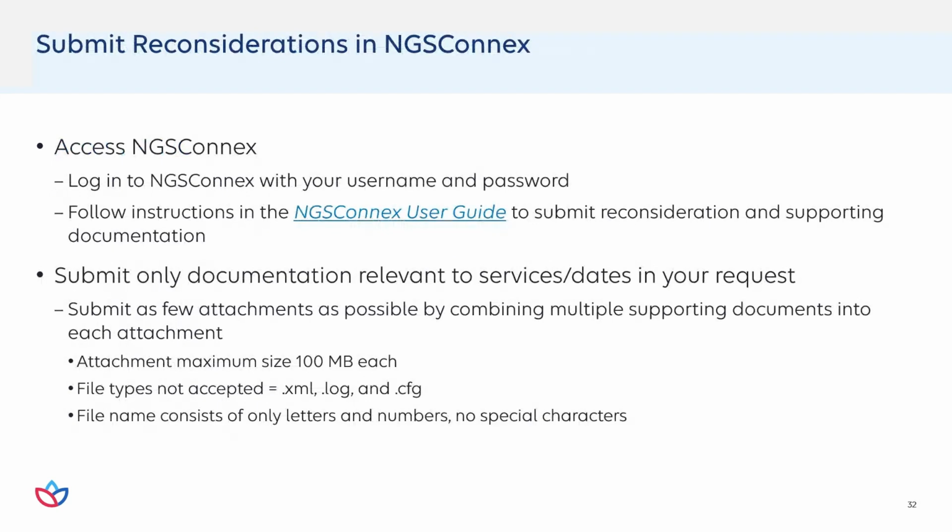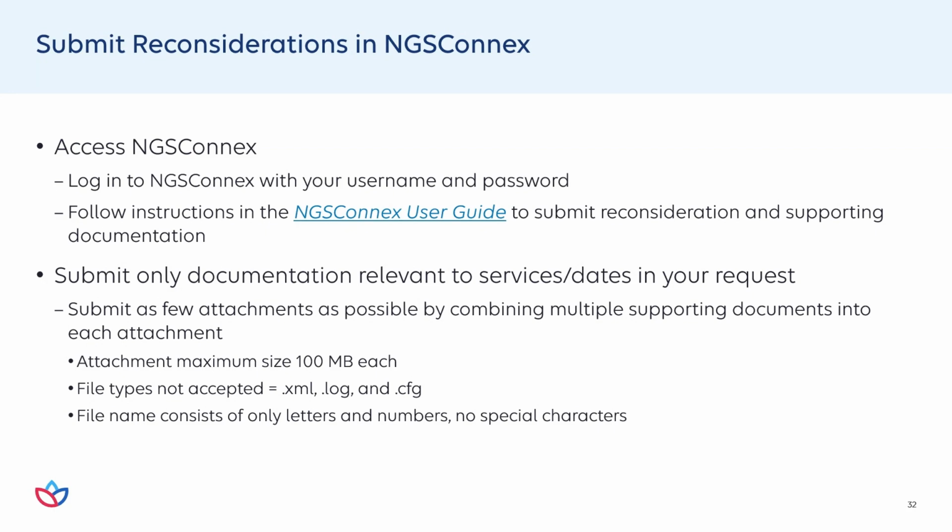Now, on slide 32, this might look familiar. You can also submit your reconsiderations in NGS Connects. So when you access NGS Connects, once again, you're signing in with your own unique username and password, again, not to be shared. Follow instructions in that NGS Connects user guide to submit your reconsideration and supporting documentation.